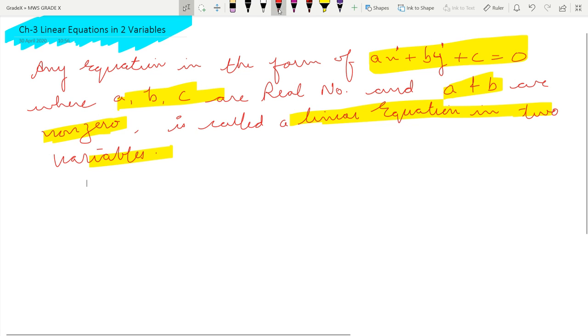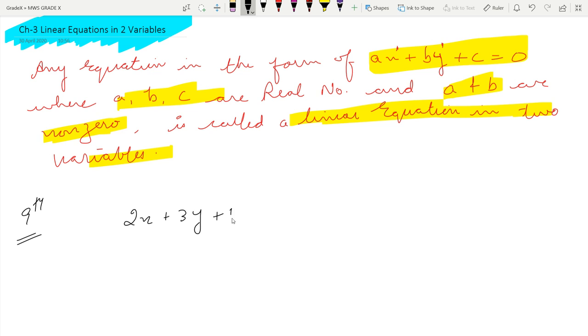The starting of this chapter includes the revision of the ninth grade linear equations. In ninth grade, you learned that if a linear equation is given like this, then how to take out the different values of x and y, meaning solutions.